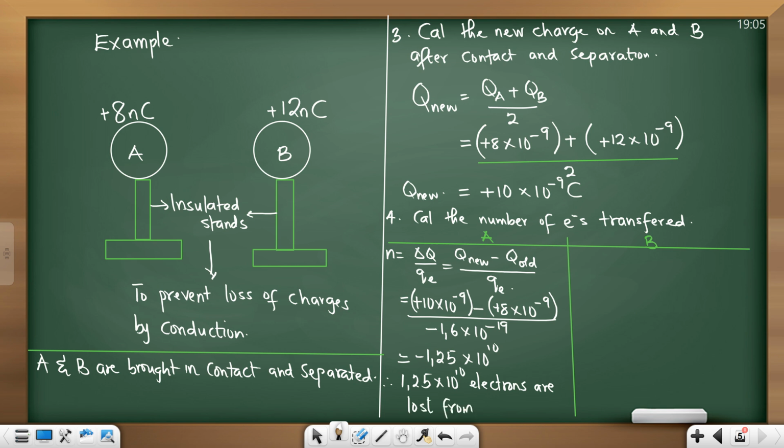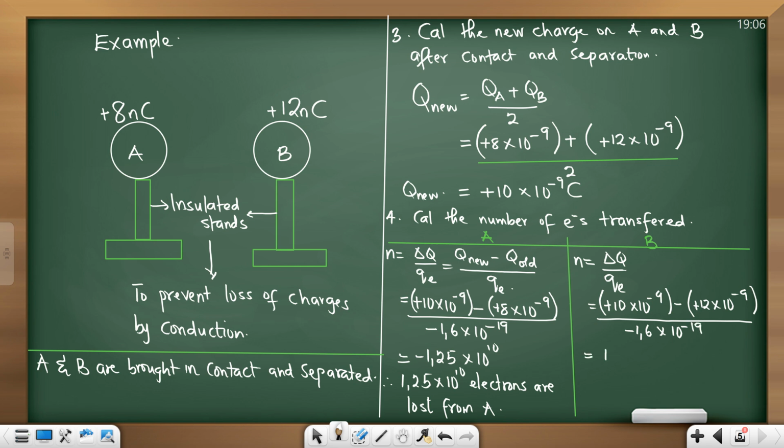We are using A, right? From A. That's what the negative tells us. The negative tells us that that is lost. If I were to work with B, the same formula, delta Q. Now, what is our Q new for B? Positive 10 times 10 to the power negative 9. What's our old value for B? Positive 12 times 10 to the power negative 9 over negative 1,6 times 10 to the power negative 19.